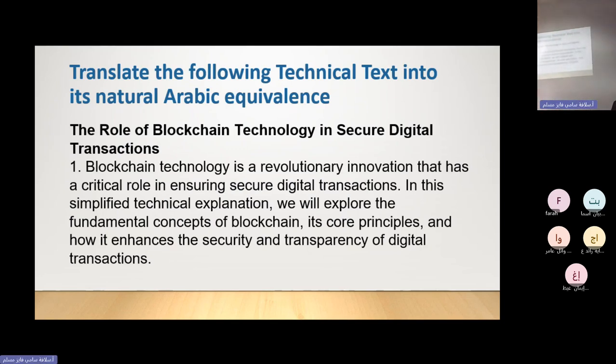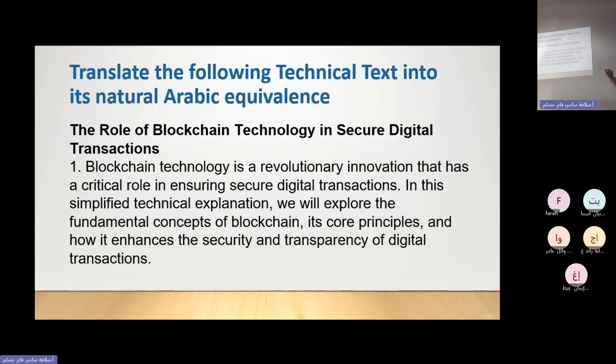The role of blockchain technology in secure digital transactions. Logically, try to analyze the words logically. Blockchain technology is a revolutionary innovation that has a critical role in ensuring secure digital transactions.